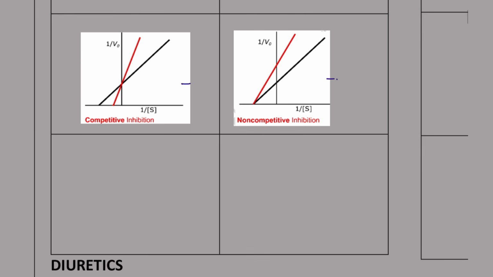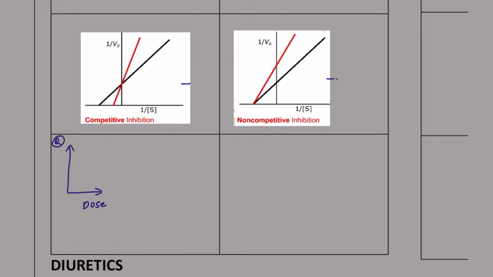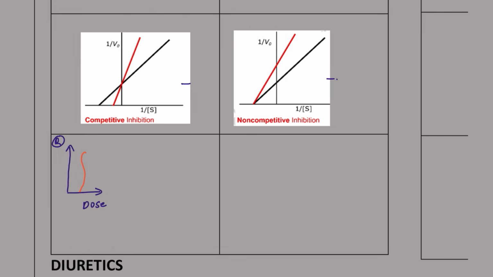So basically what happens? Whenever we look at the dose of the drug and how the drug is going to respond, generally the original drug behaves like this, but we gave the drug with the antagonist. So what happens with this antagonist in competitive inhibition?